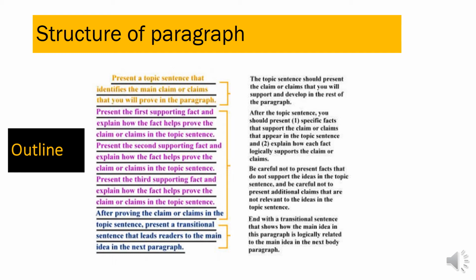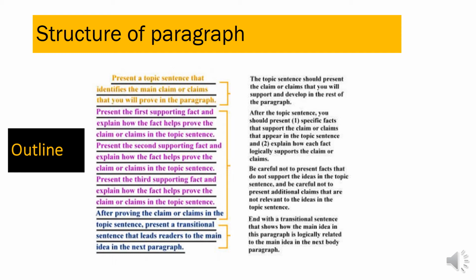And then present the third supporting fact and explain how the fact helps prove the claim in the topic sentence. Be careful, okay? Be careful not to present facts that do not support the idea in the topic sentence. And be careful not to present additional claims that are not relevant to the idea in the topic sentence.